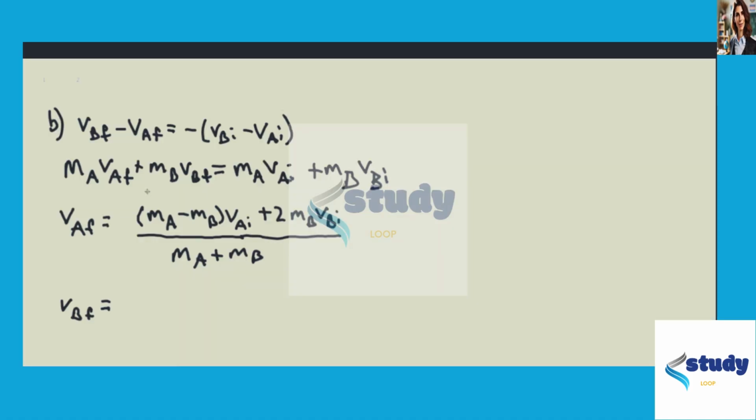But also, and I did it that way just to check, you can notice that there's not really anything special about A and B. So if you swap A for B everywhere in this equation, you get the equation for VBF. So let's go ahead and write that down just by eye.